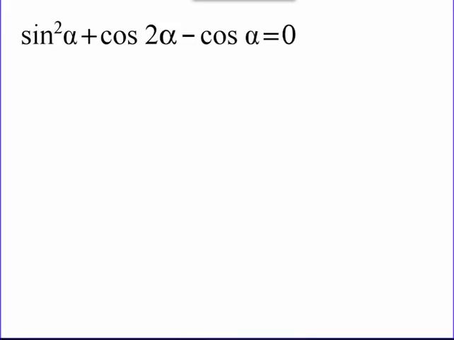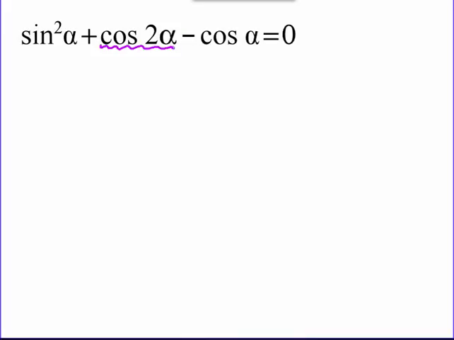Very last one. Sine squared alpha plus cosine 2 alpha minus cosine alpha equals 0. We can substitute in something here, but the question is, what do you substitute in?